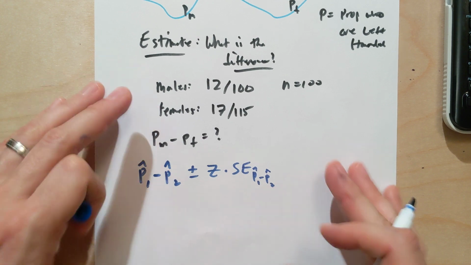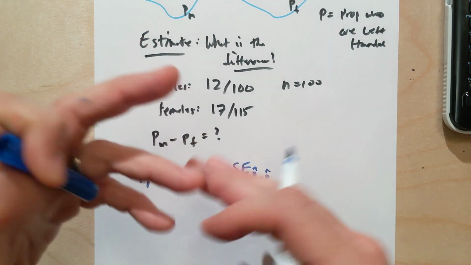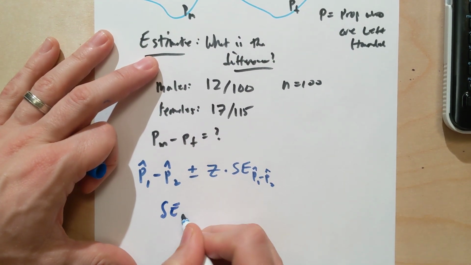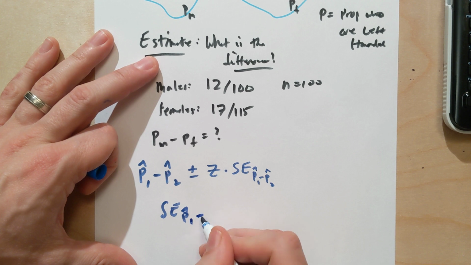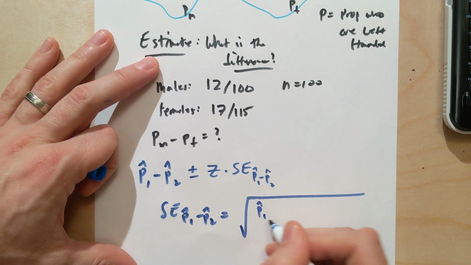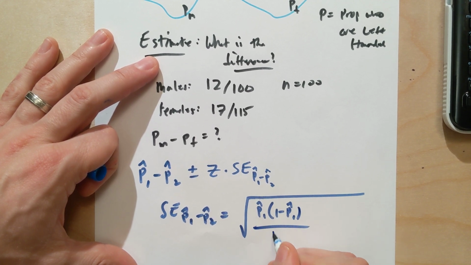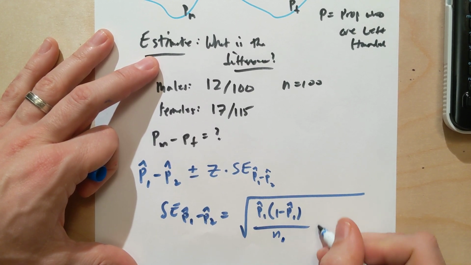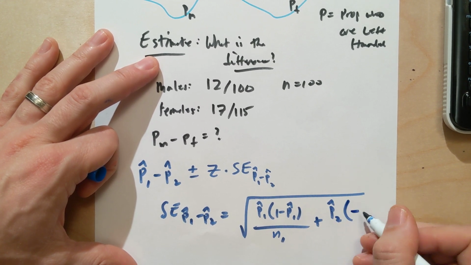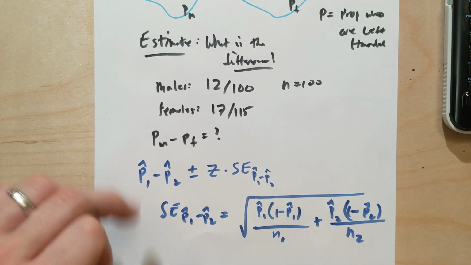Now, we actually saw in our last video what that standard error formula looks like, based on the standard error for a sampling distribution. So the standard error of p̂1 minus p̂2 is going to equal a big square root of p̂1 times 1 minus p̂1 over the sample size n1, plus p̂2 times 1 minus p̂2 over n2.